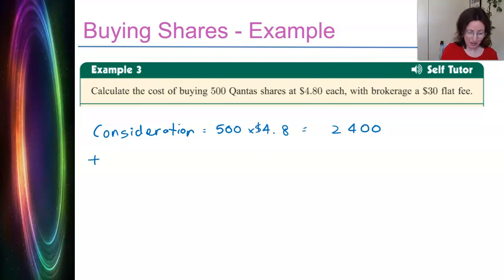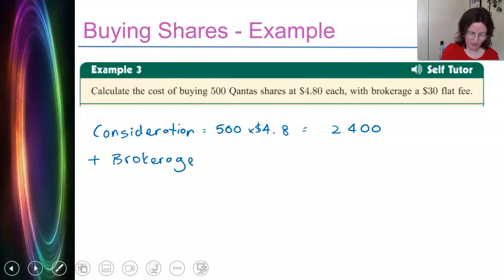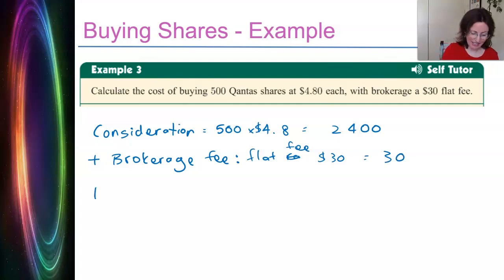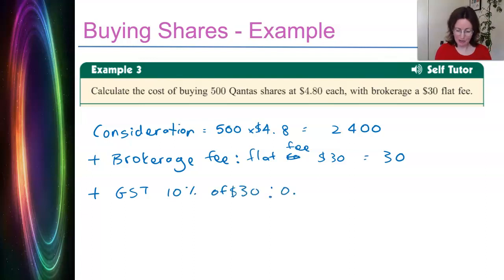We're going to add on the brokerage fee, and this time round it was a flat rate, or a flat fee, perhaps I should say, as it says in the question, of $30. So we'll write a 30 there. And then the last part is adding on GST of 10% of the $30. And how do we work that out? 0.10 multiplied by 30, which is $3.